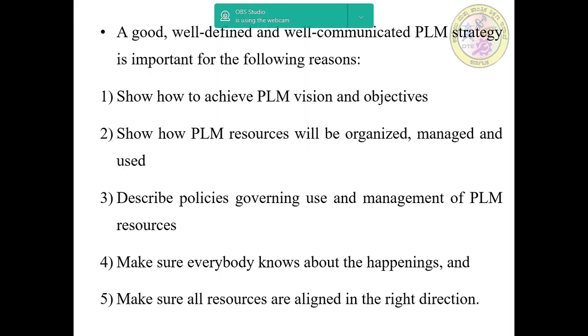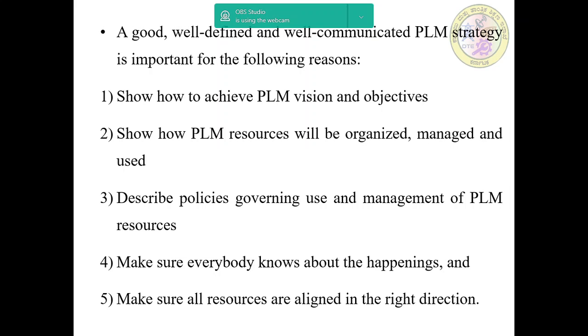Show how PLM resources will be organized, managed and used. And then describe policies governing use and management of PLM resources. Make sure everybody knows about the happenings. And finally, make sure all resources are aligned in the right direction.